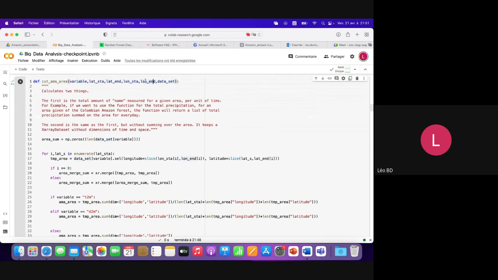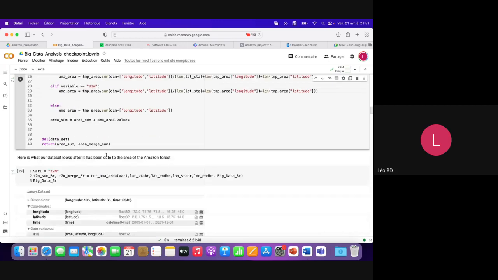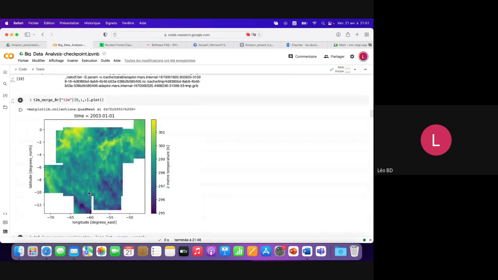It takes the coordinates of the Brazil Amazonian rainforest, and it takes which variable we want to consider, for example, temperature or anything, and it will cut our data set into an area of Brazil Amazonian rainforest. So this is our Amazon rainforest in Brazil here, at least for the code.